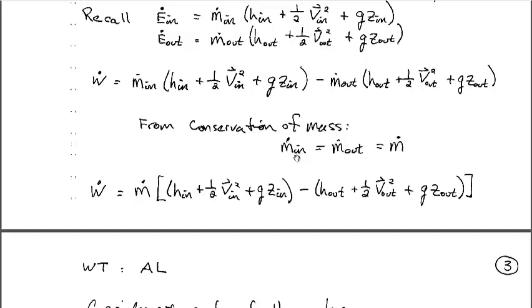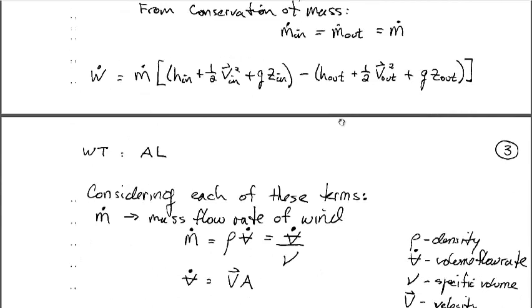So rather than carrying around the in and the out with our equation, I'm just going to drop them because they're the same value, and just call this M dot, our mass flow rate in and out of the control system. When I make that substitution, we get this algebraic simplification for our W dot term. I'm combining the fact that M dot in is equal to M dot out and replacing it with M dot.